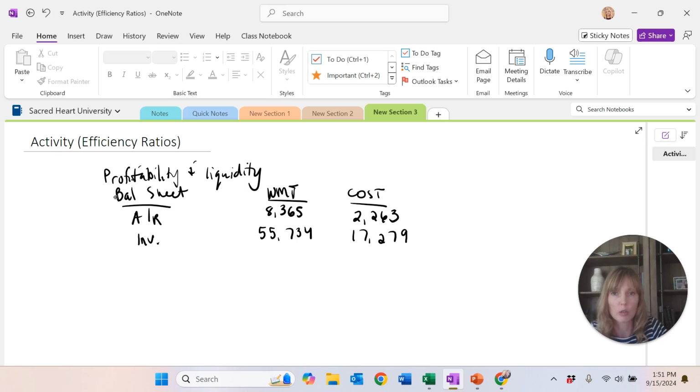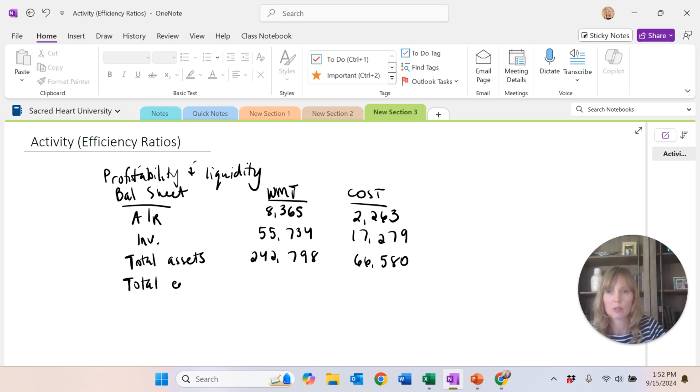Accounts receivable about a quarter of Walmart's, inventory quite a bit smaller than Walmart's. Let's look at their total assets. 242,798, 66,580. Okay, so Walmart's is a little bit more than 4 times, or a little less than 4 times that of Costco.